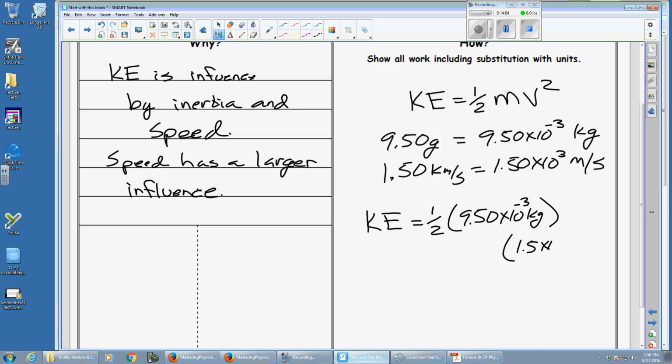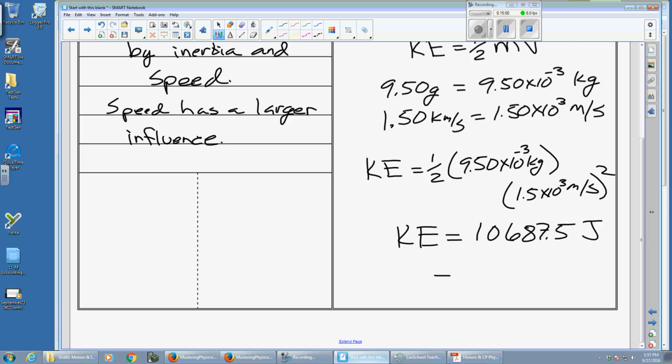Sorry, I ran out of room there. I get, yep, I got 1067.5 joules, but they want the answer in kilojoules.